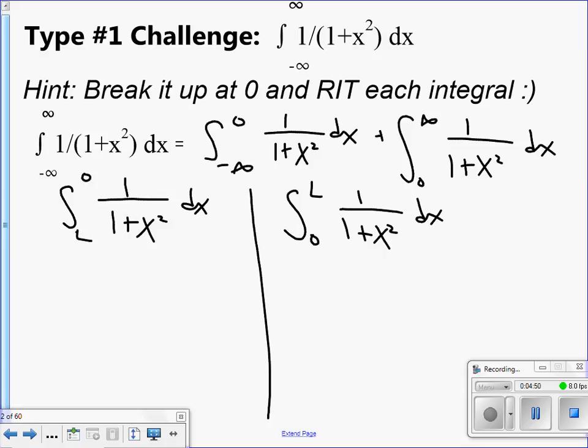Step one, we messed up on step one. We had to replace negative infinity with an L. Okay, step two. For each one of these, we want the antiderivative, plug in upper, lower, and subtract. So what is the antiderivative? Is it an LN? Is it U prime over U? Inverse tan.